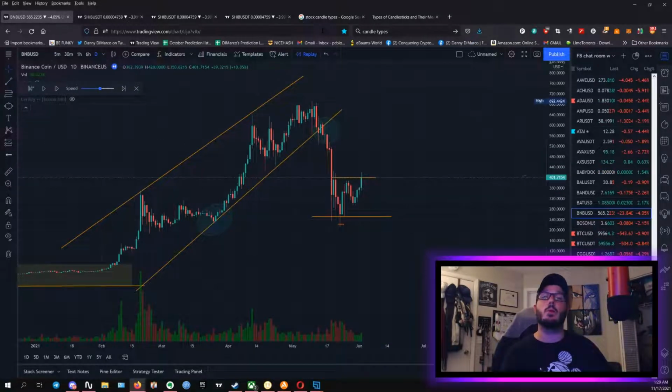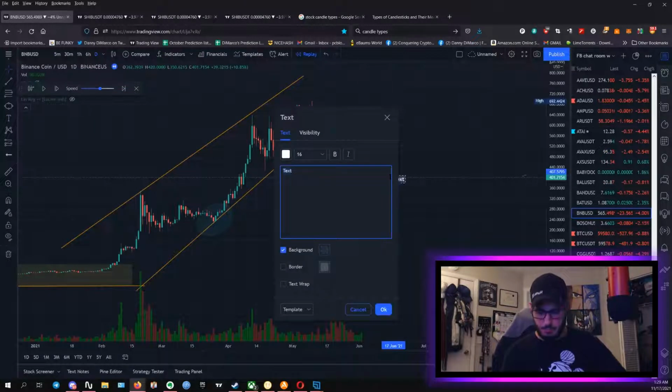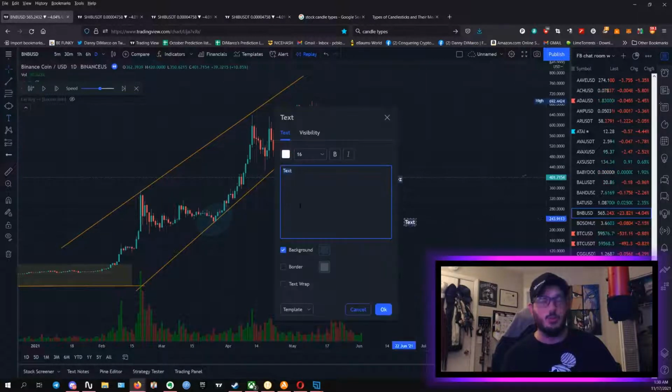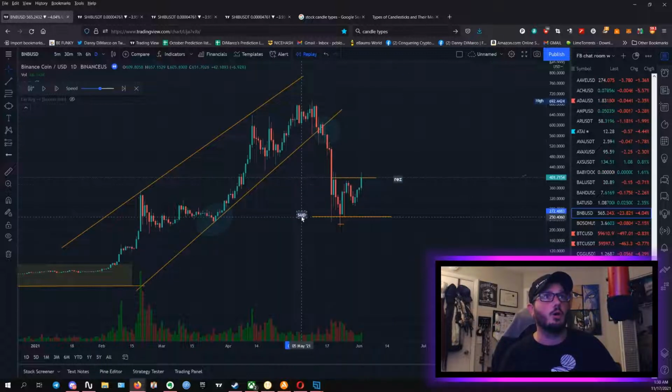And guess what we have? We have a parallel horizontal tunnel. In this parallel horizontal tunnel, resistance is on top, support is on the bottom. These are the two extremely important things you have to learn to be able to take control of a security.